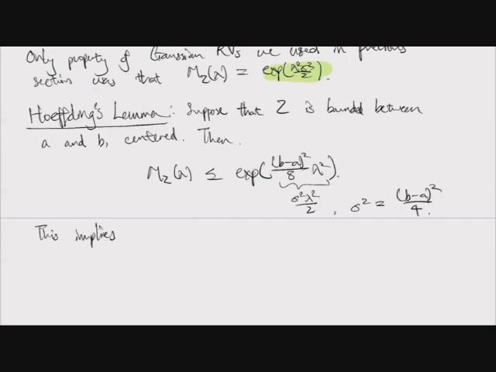Now if I plug this value of sigma squared into our calculations in the previous section, we can replace sigma squared with (b minus a) squared divided by 4 in our previous calculations.